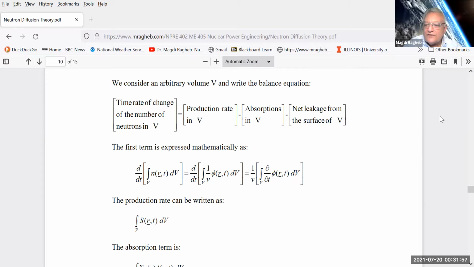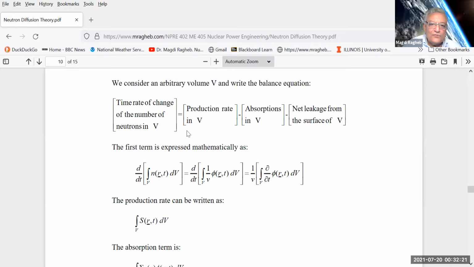And to derive an equation for the behavior of neutrons, like in electromagnetics or thermodynamics, we take a balance equation. So we take that volume, and over that volume, we describe the rate of change as a function of time of the neutrons in that volume V.